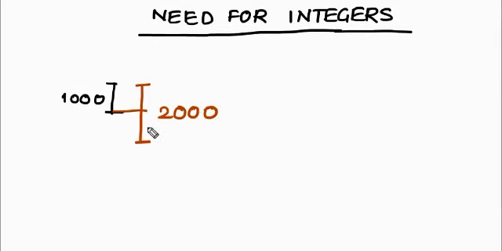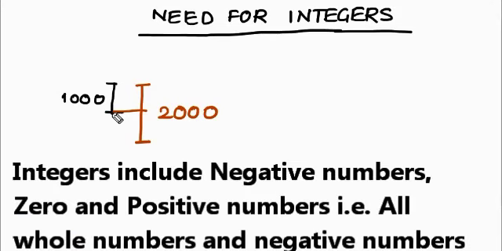My worth at that time is not 1000 rupees, but actually 1000 rupees less than 0. Now how to show this 1000 rupees less than 0? There we thought that we have a need for negative numbers. And that's how we started using a new number type called integers, which included negative numbers, 0 and positive numbers. That is all the whole numbers plus also negative numbers.